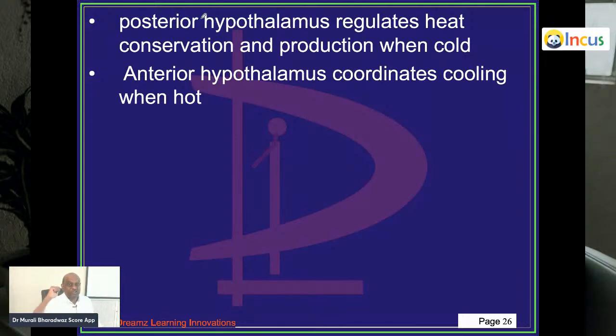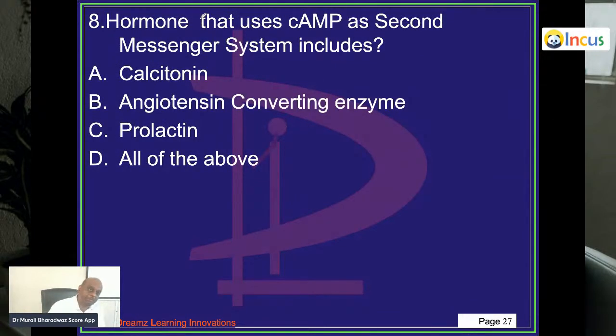So posterior hypothalamus is shivering to produce heat. For anterior hypothalamus, we say, oh my God, there's a lot of sweat on my face. It is anterior. Anterior hypothalamus makes you cool when you are hot. Posterior hypothalamus makes you hot when it is too cold, is what you need to remember.